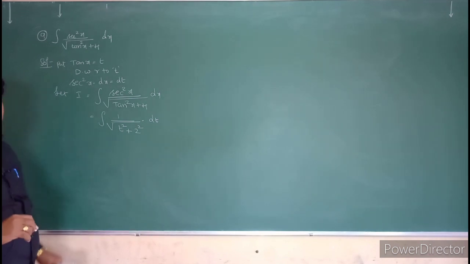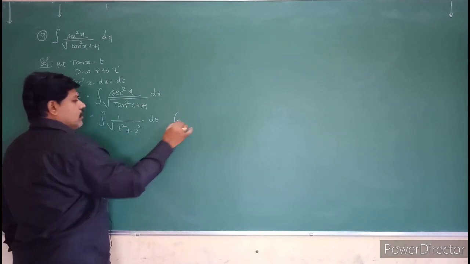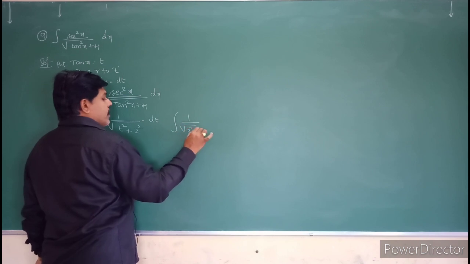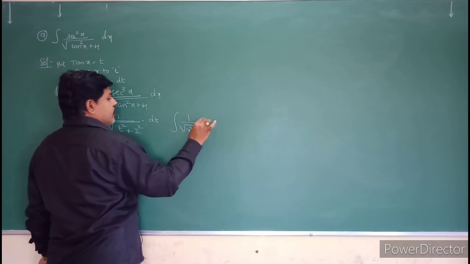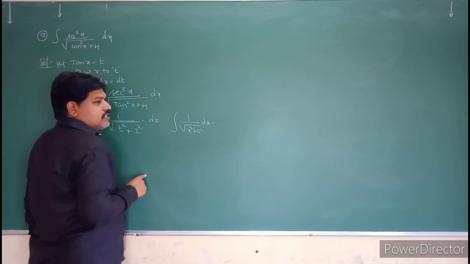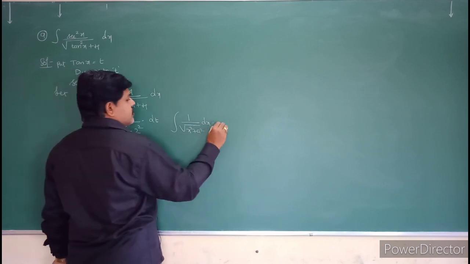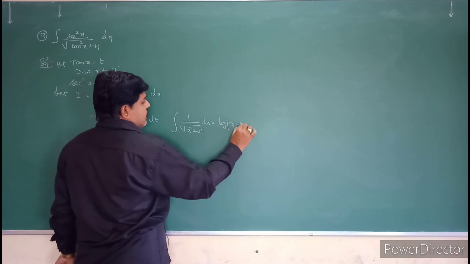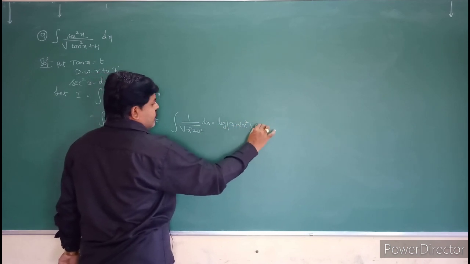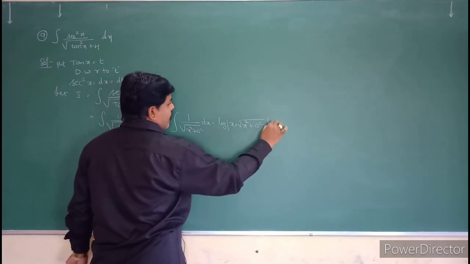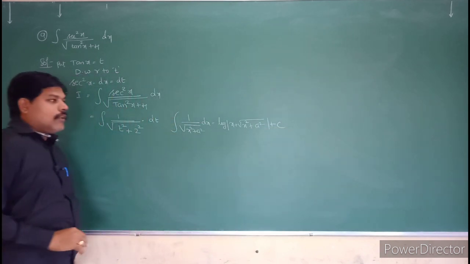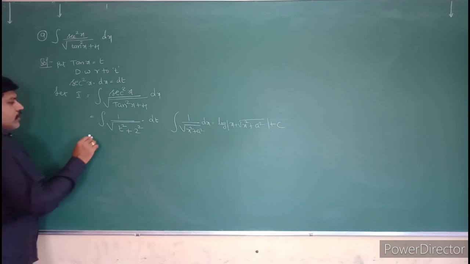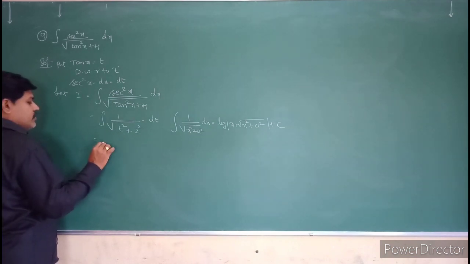So what is this formula? Integral 1 by root of x square plus a square into dx. So what is that integral? Log mod x plus root of x square plus a square plus c. So that is equal to, what happens?